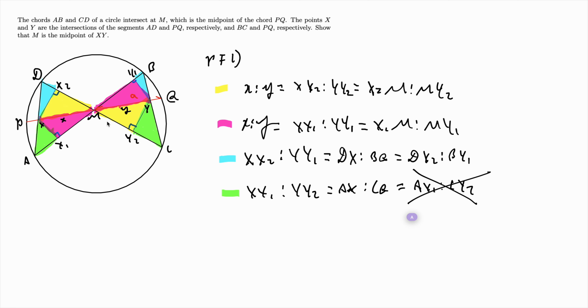Next one is dy sub 2. How can we get dy sub 2? Qy sub 2, I'm sorry, it's qy sub 2 to by sub 1. Wait, no, it's actually d, it's not y.